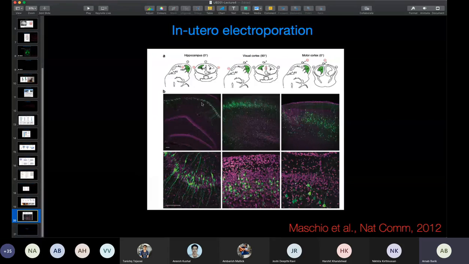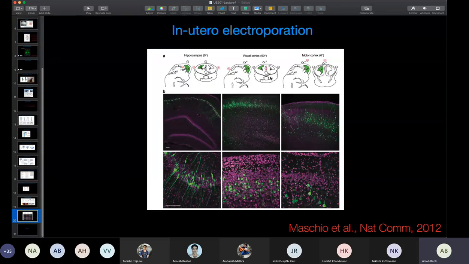And they give an example here, so this is how it actually looks. You transfect them with the DNA so that the different brain regions carry this fluorescent protein, the GFP here. Then you put the embryos back in the mother mouse and sew it up, and the mother carries the embryos to birth.